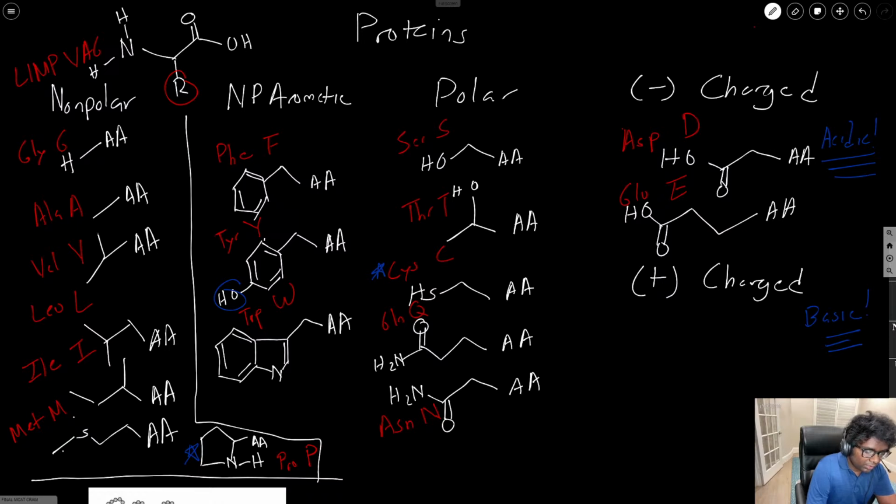Let's start with 1, 2, 3, 4, and then followed by the NH2. This is lysine. Now let's move on to arginine. I'll start off with the NH. That'll be easier. You guys can draw this however you want, by the way. One, two, three.